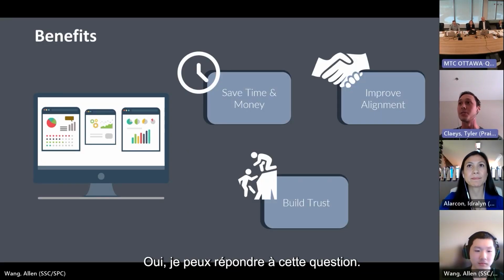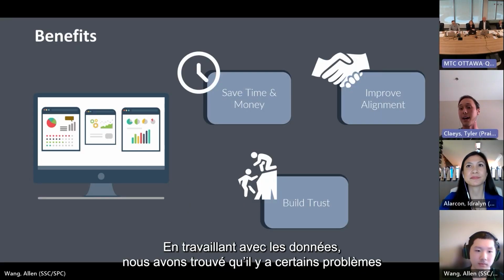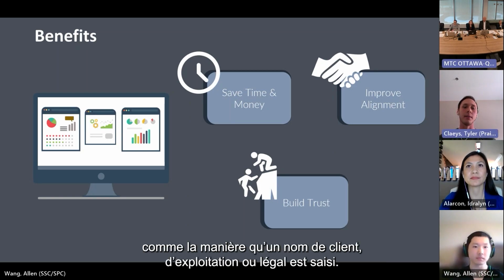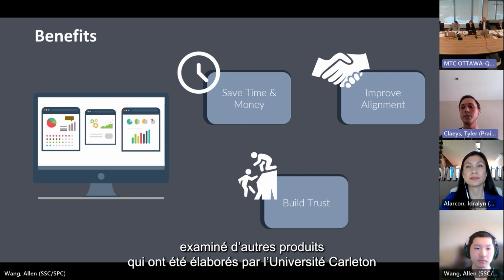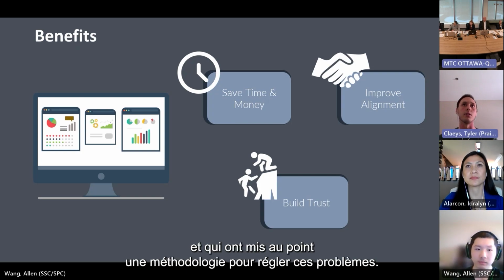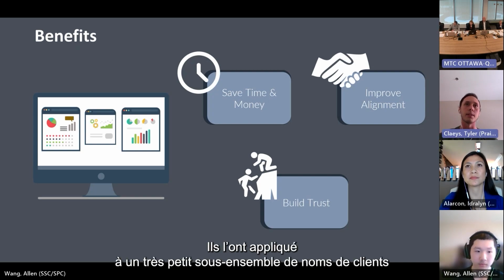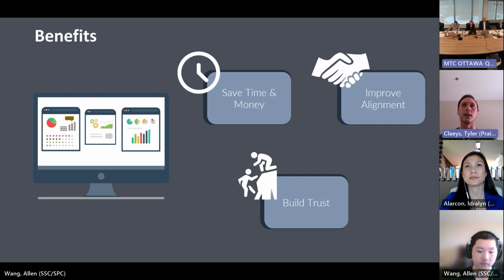Yeah, I can actually take this one. In working with the data, we have found that there are some issues, such as the way that a client or an operating or legal name is entered. So we've looked at some other products that have been done by Carleton University, who've figured out a methodology on how to fix these. They applied it to a very small subset of client names, just in the IT for contracts.